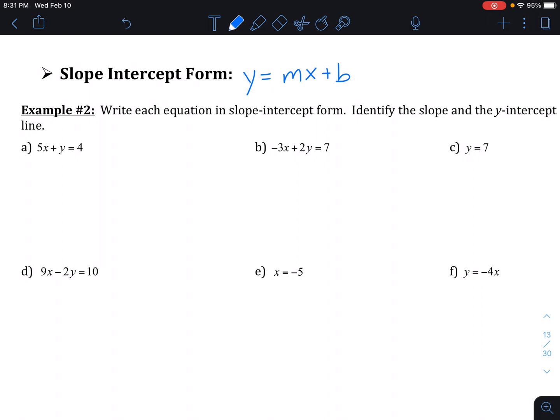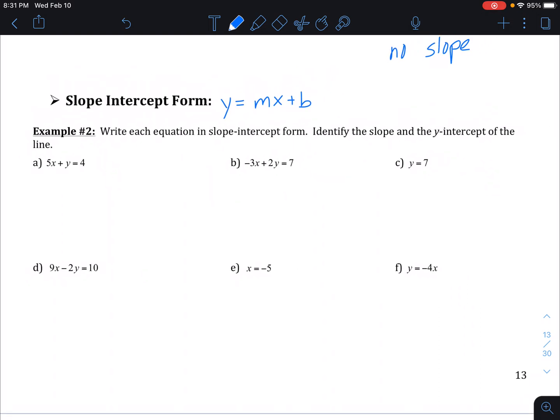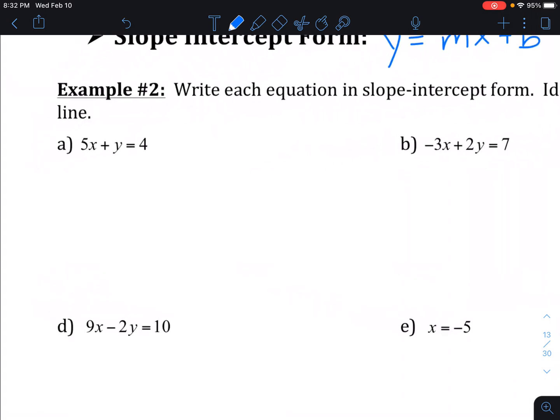It is also known as the beginning point on the y-axis when we graph later on. So I'm going to give you some problems where they may or may not be in slope-intercept form. If they're not in slope-intercept form, we have to convert them over to y equals mx plus b. And then where it says identify the slope and the y-intercept of the line, that just means we're supposed to say what they are.